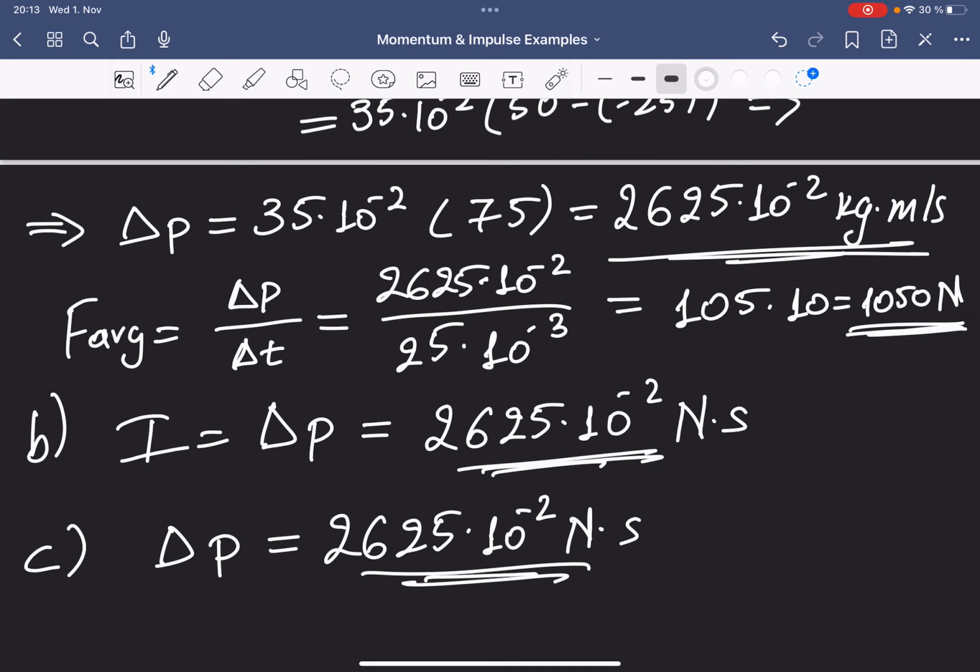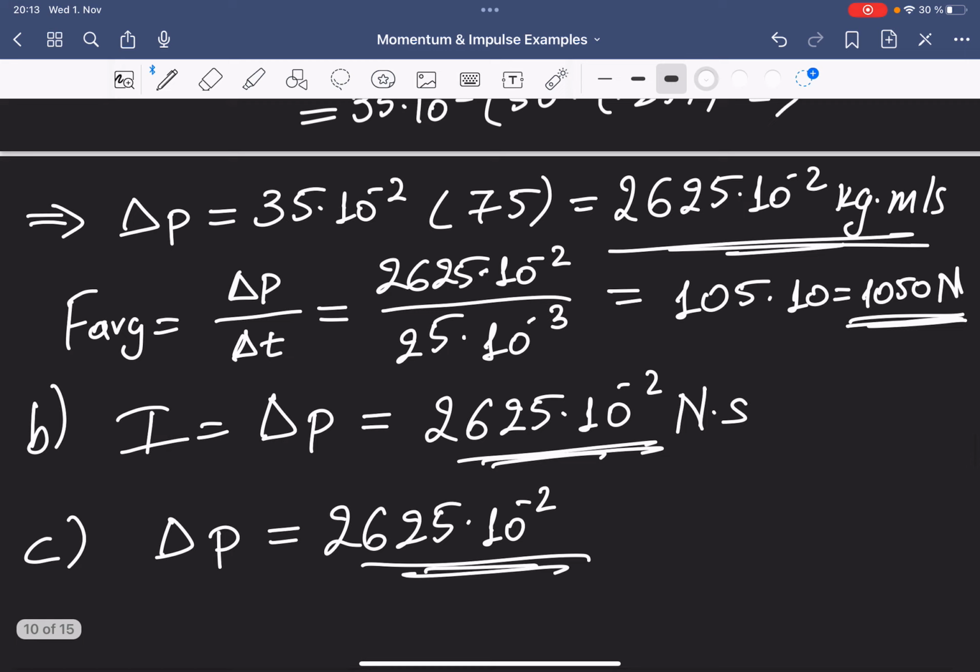So you don't need to calculate anything new. The only thing you need to pay attention to is the units. Whenever you express change in momentum, you can use kilograms times meters per second, and whenever you have impulse, newtons times second, but both units are equivalent.